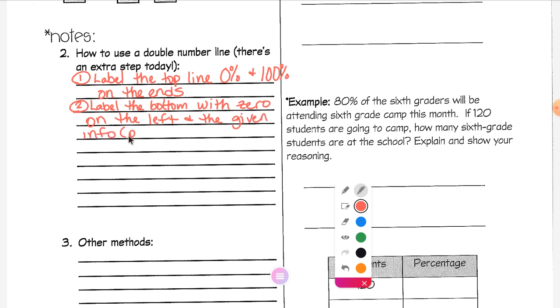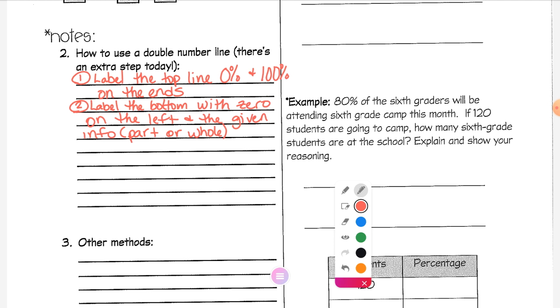In parentheses, I'm going to write part or whole. Okay? If it gives us the part, we label the part on the line. If it gives us the whole, we will label the whole on the line. And again, once we do these examples, this will make more sense. I'm just trying to get it into words so you have something to look back to.